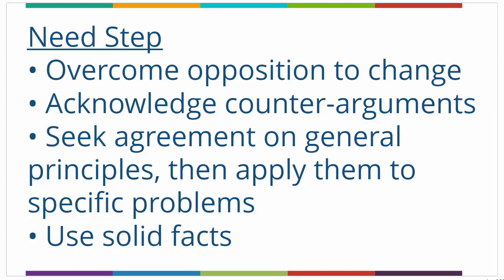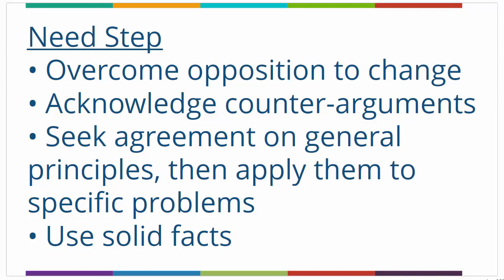Now the need step is that you have to overcome opposition to change. You have to overcome that opposition for the person to change. So here again, you have to accept and acknowledge the person's counter arguments, and then you need to seek agreement on general principles.